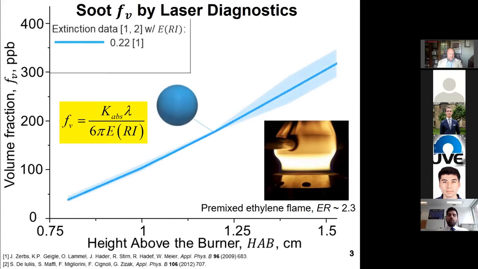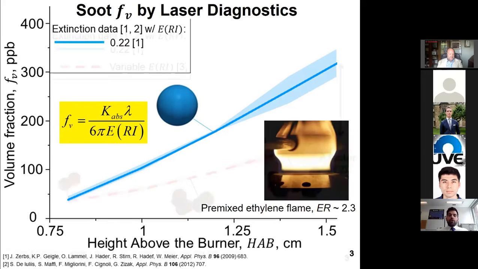However, the soot volume fraction is commonly obtained using light extinction data with a constant absorption function that has been derived for spheres with a constant composition.